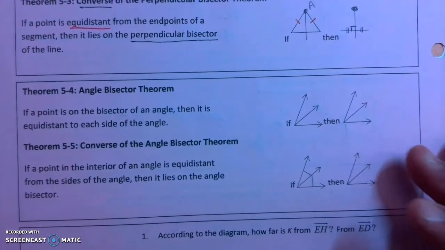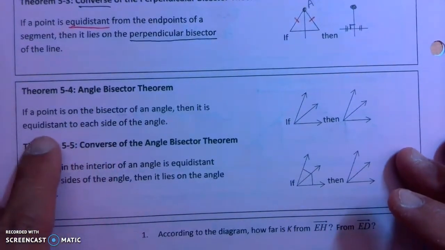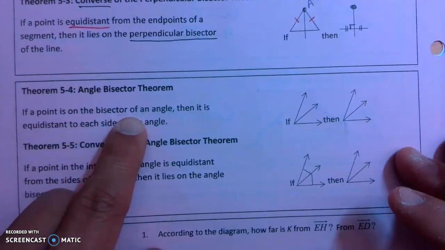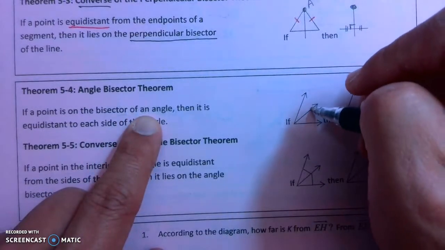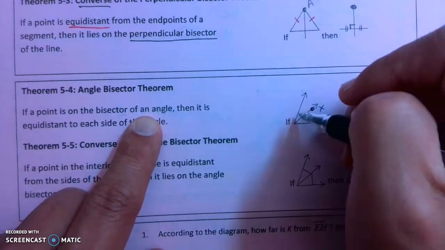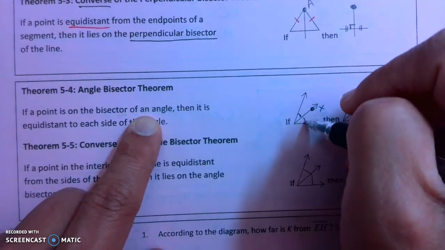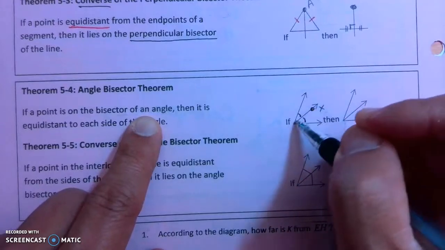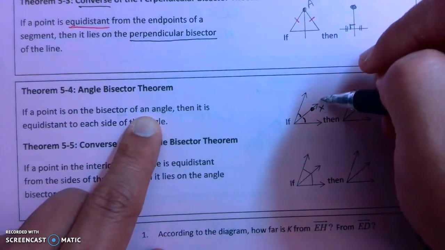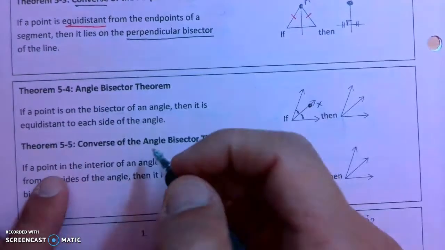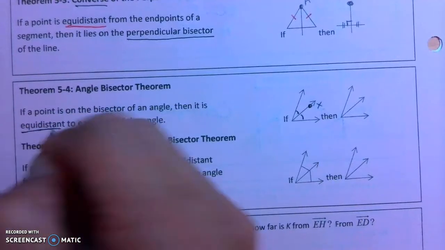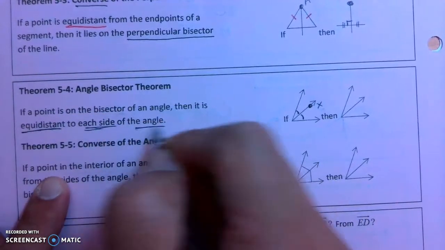There's going to be another theorem here based on the angle bisector. If a point is on the bisector of an angle, so I'm just sitting here and I'm point X, but you notice that's 30 degrees, this is 30 degrees, this must be the angle bisector. If this is the angle bisector, then it is equidistant to each side of the angle.